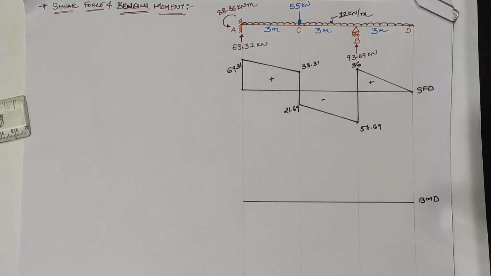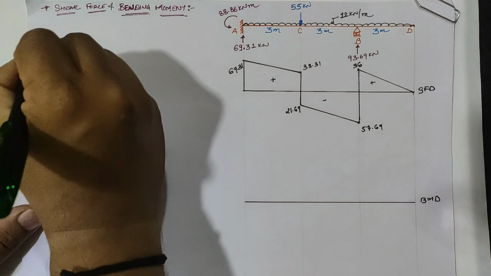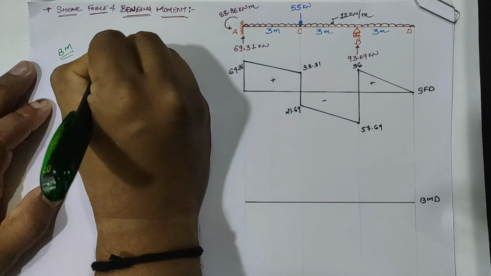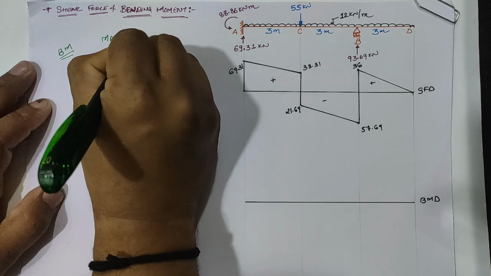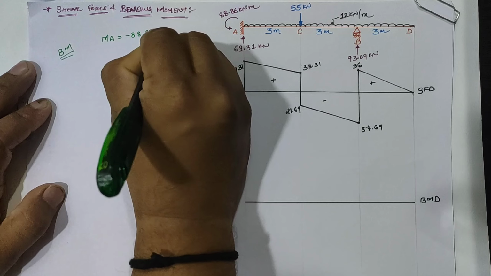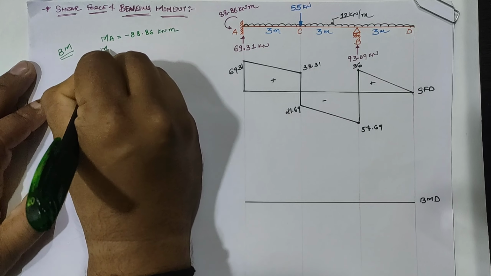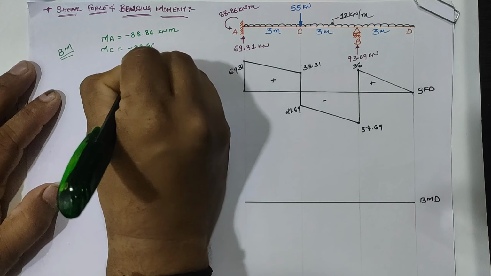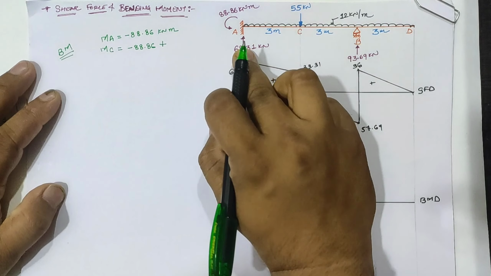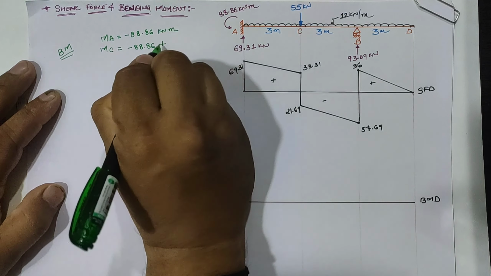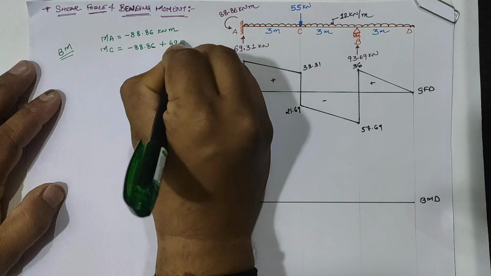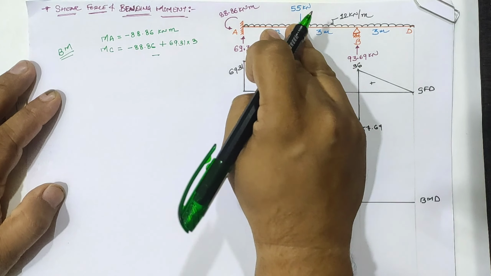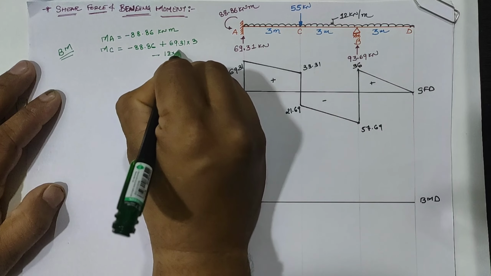Now let us go for the calculation of bending moment. Moment at A is equal to minus 88.86 kilonewton meter. Now moment at C is equal to minus 88.86 plus RA into 3 in clockwise direction, hence it is 69.31 into 3 minus 12 into 3 into 3 by 2 in anticlockwise direction.